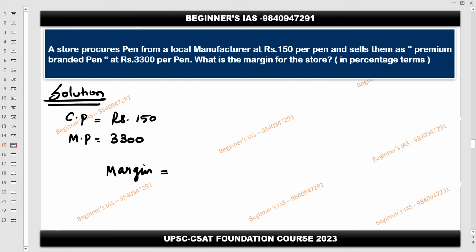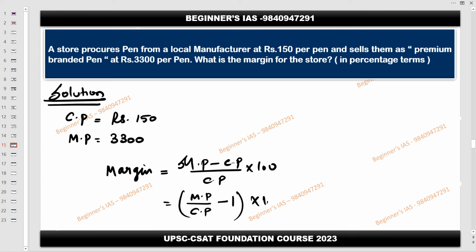Check again. Now listen: (MP minus CP) by CP into 100. Or else you can calculate it this way: (MP by CP minus 1) into 100.